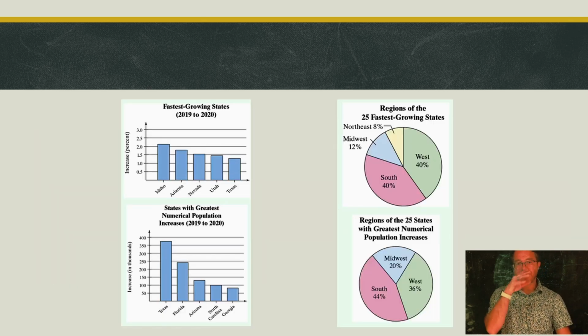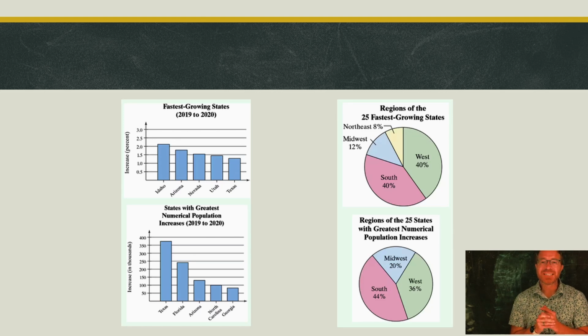In these two graphs, I also wanted to show you how sometimes you can say something in statistics that is completely accurate and still give a different message depending on what you're showing. We talked about this when presenting your data. If you look at the bar charts on the left, the first one is the fastest growing states by population change, and you'll notice, for example, that Texas is the 5th highest growing state according to this data.